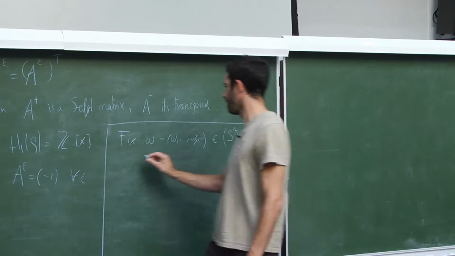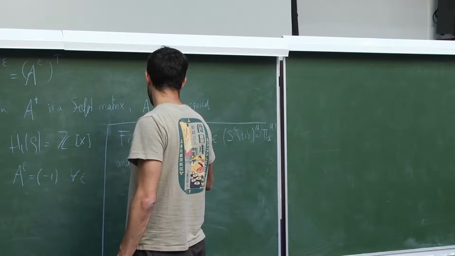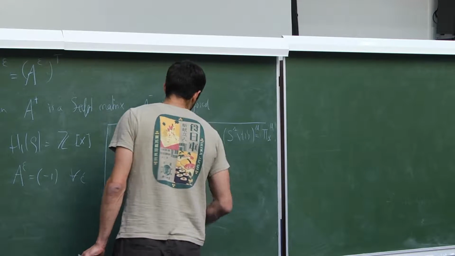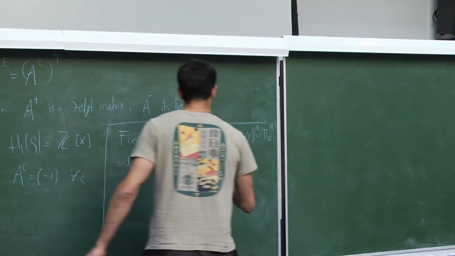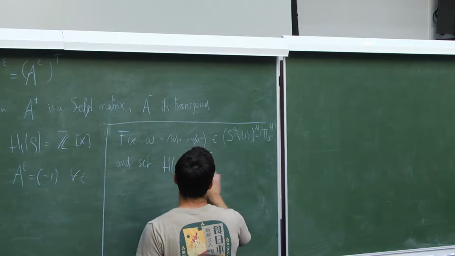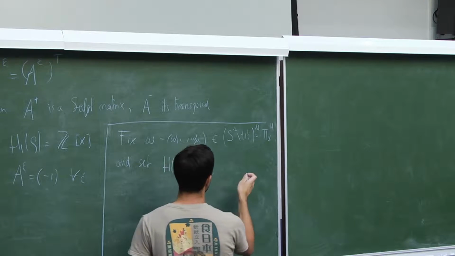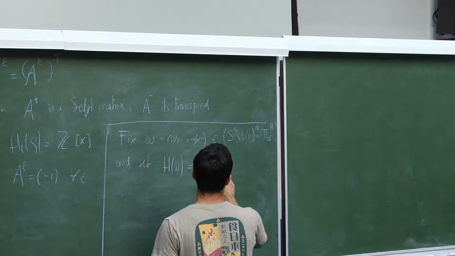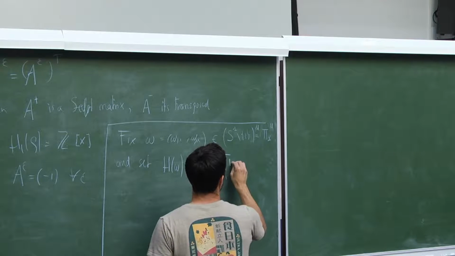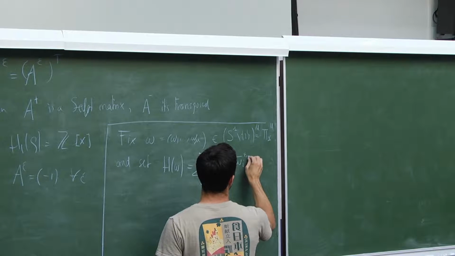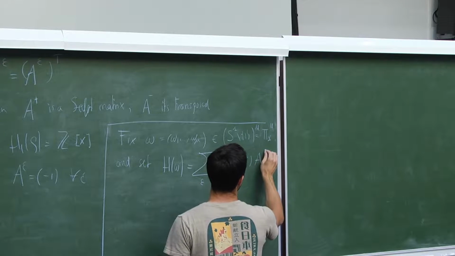And consider and set. So I will write a big expression that's going to be, so I make a sum over all these signs, all these epsilons, to the power mu of one of them, product 1 minus omega I bar epsilon I times A epsilon.